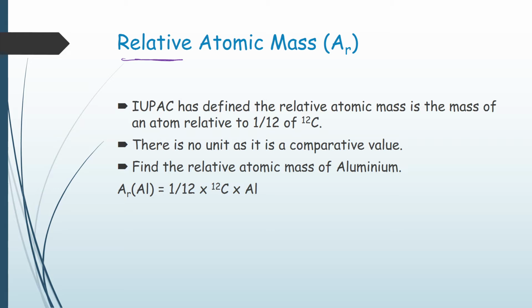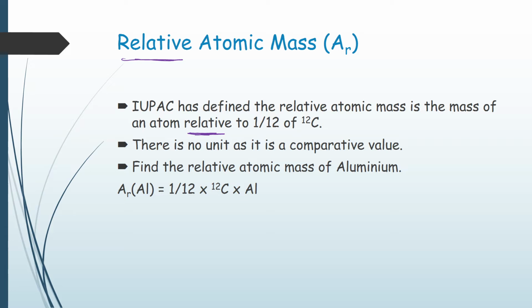IUPAC in 1961, and IUPAC means the International Union of Pure and Applied Chemistry, decided to define a relative atomic mass as the mass of an atom compared to 1/12 of carbon-12. And the carbon-12 is the isotope of carbon.